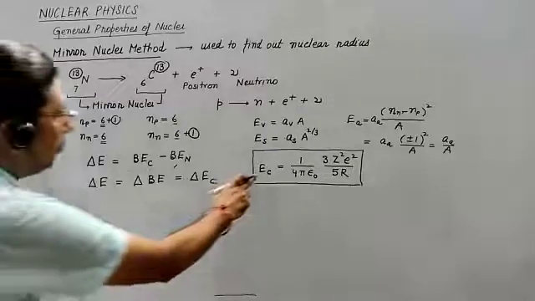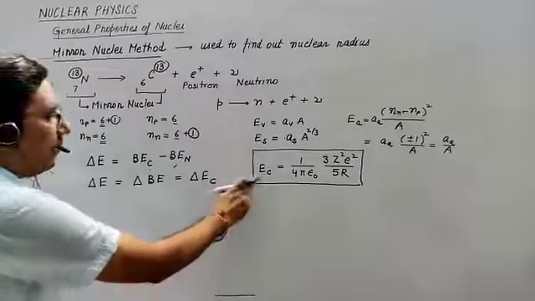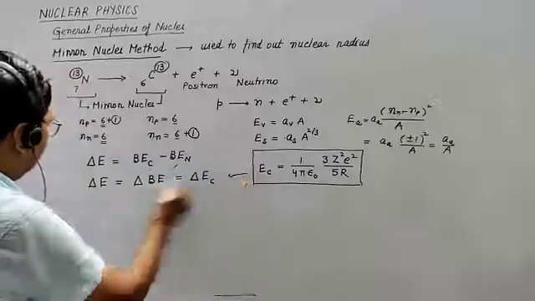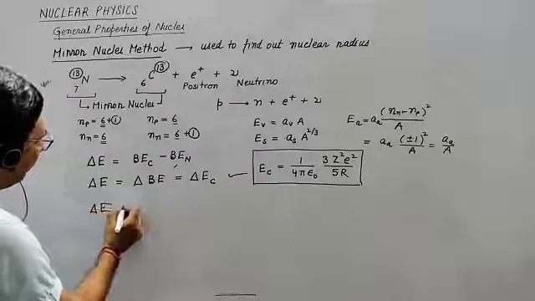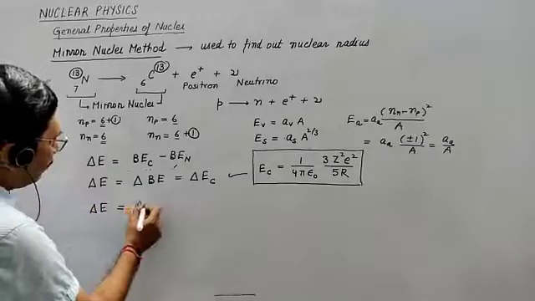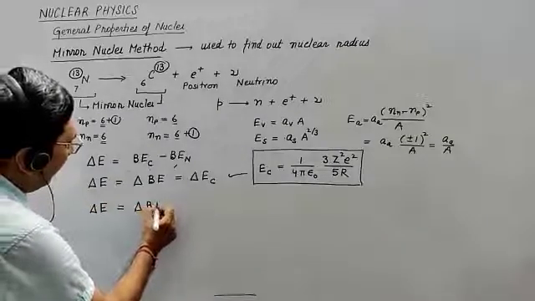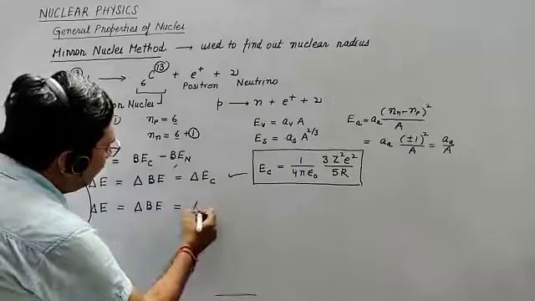So if I substitute this expression here, then the energy released in this beta decay process, which is equal to the change in binding energy, will be equal to delta EC.